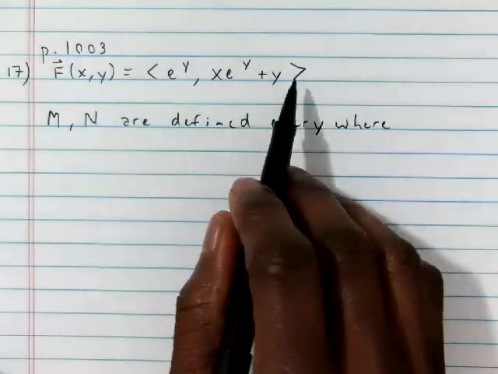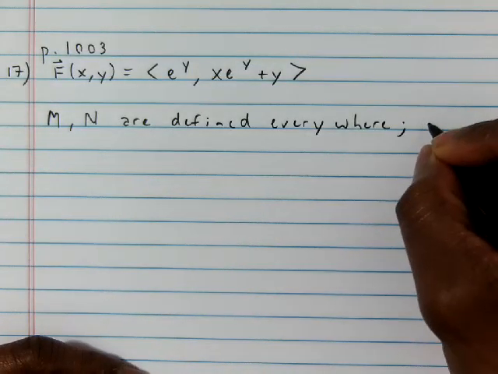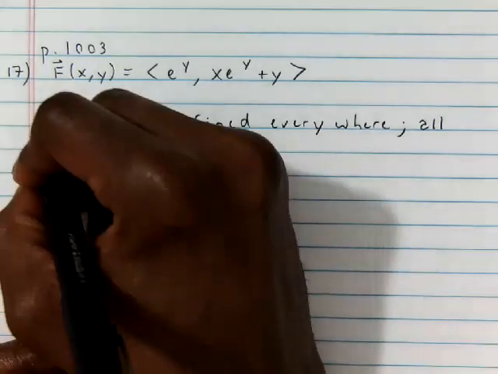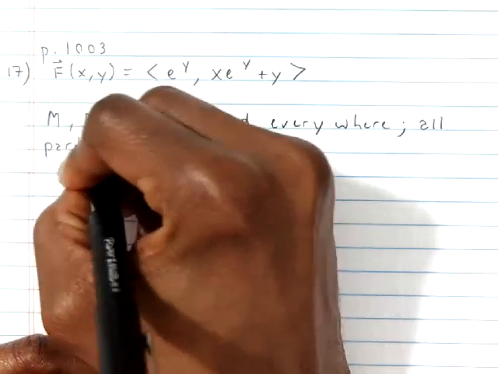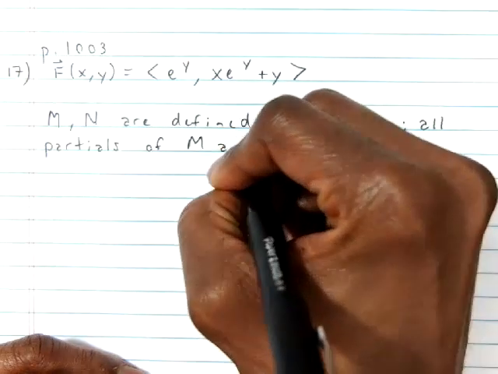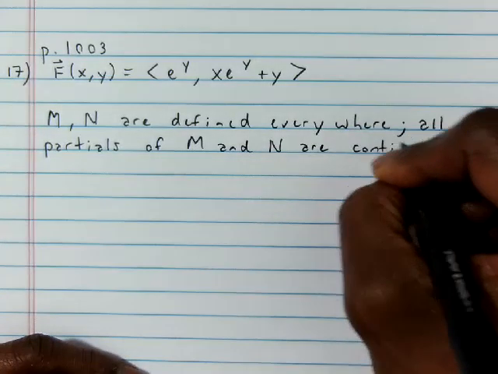So all partials of M and N are continuous.